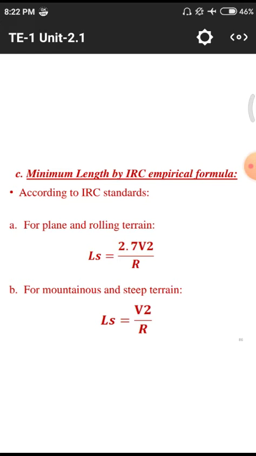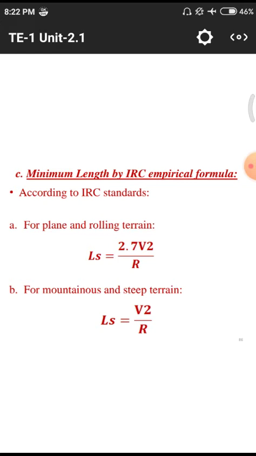Like that we have totally 4 terrains. Those are ranging from 0 to 60. Those things were discussed in the first chapter, different kinds of terrains and classification of roads according to terrains. Those terrains are useful here for designing these circular curves or transition curves.